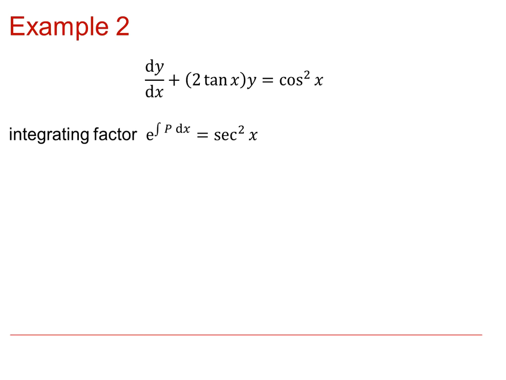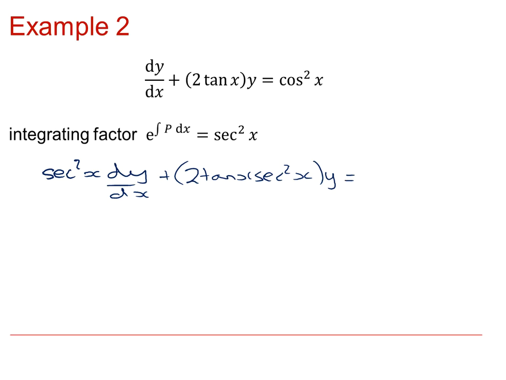and when we multiply through by that, we would have sec squared x dy by dx plus 2 tan x sec squared x times y equals cos squared x times sec squared x.